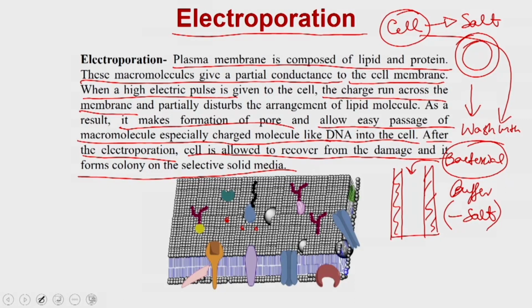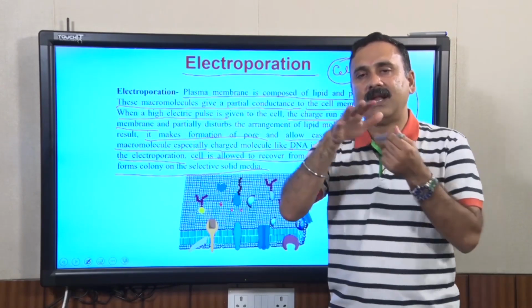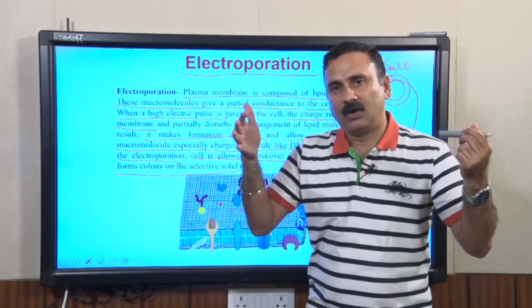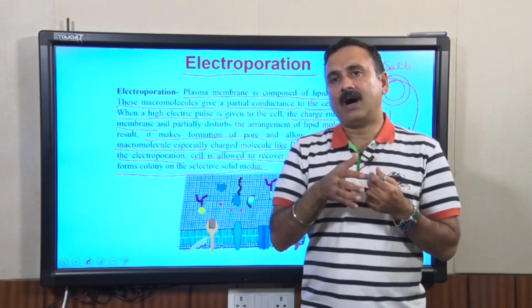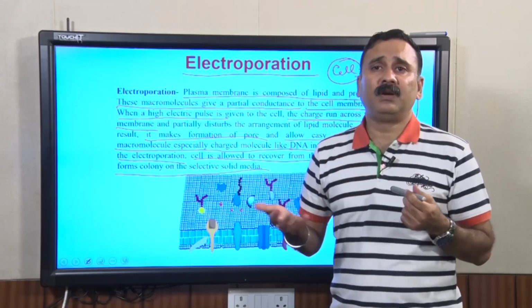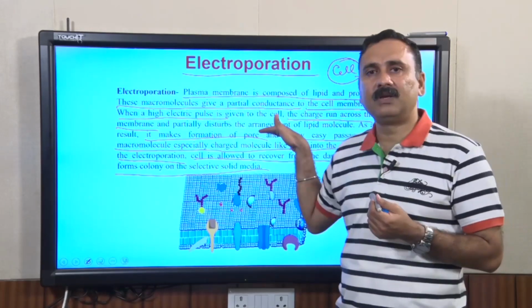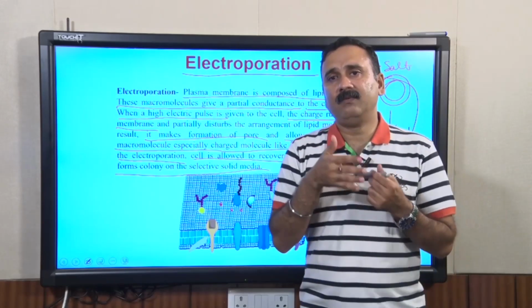You wash these E. coli or some other bacterial cells with a buffer which does not contain salts, and by doing so you are removing the cationic as well as the anionic ions present on the cell wall or on the plasma membrane. These ions should not participate in the conductance of the electric field, because that is not what we want to disturb.